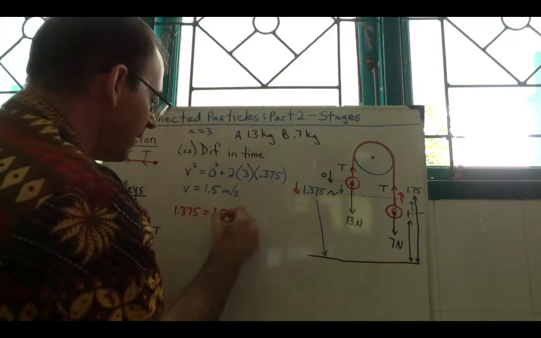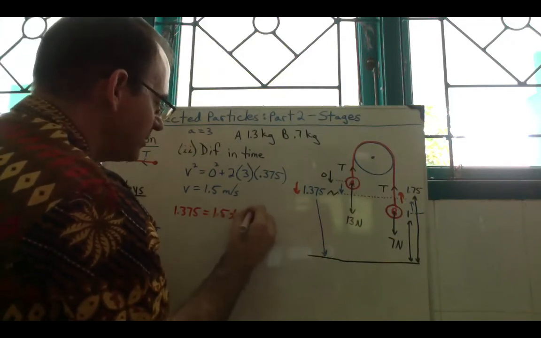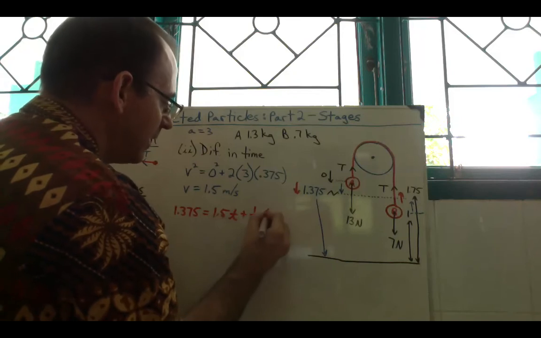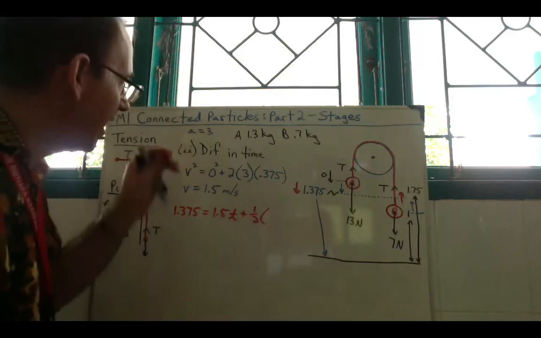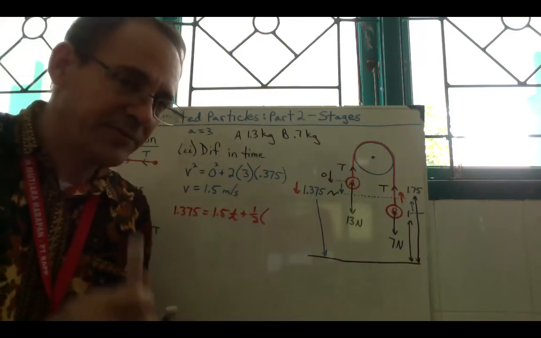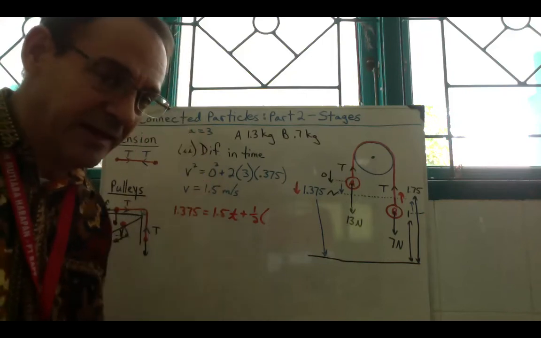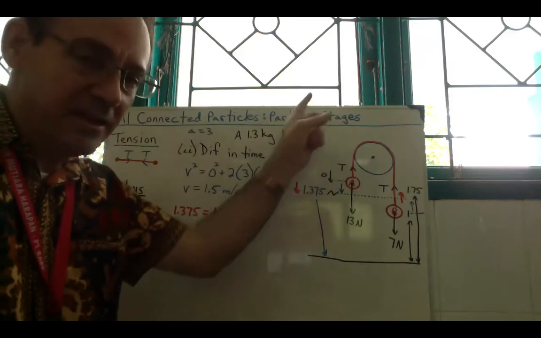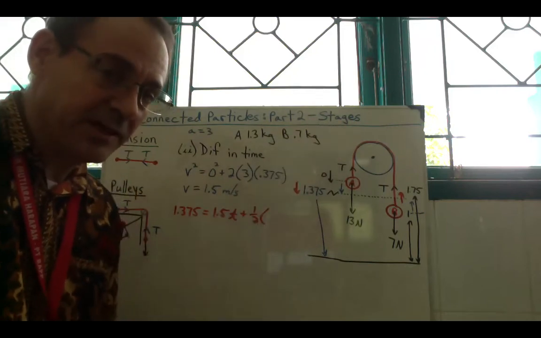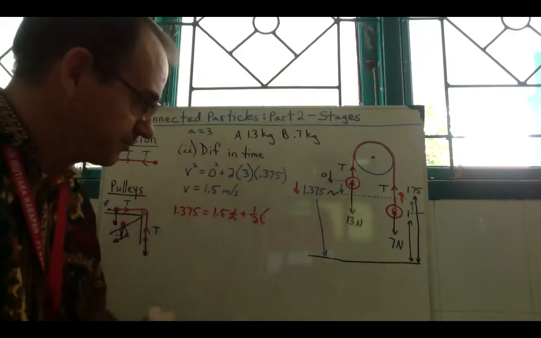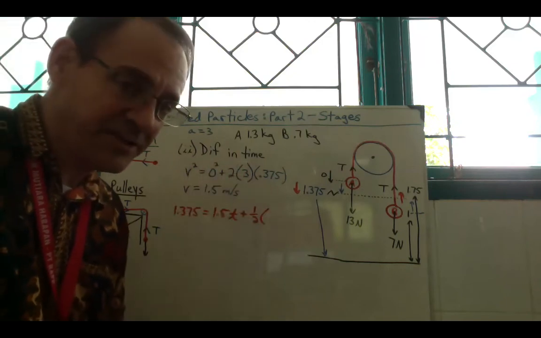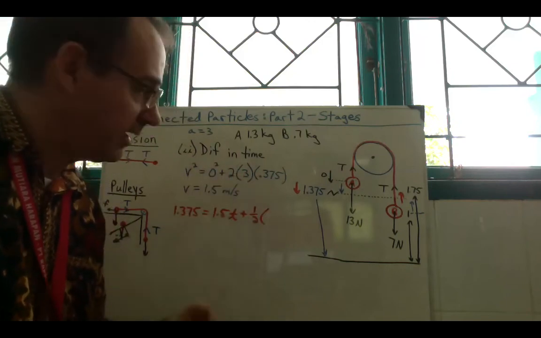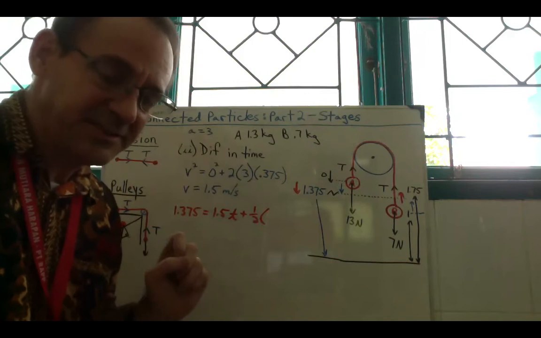So 1.5 t plus 1/2 a. Now a is not 3 anymore, so be very careful to rethink each one of your components in the different stage because the context has changed. Now that the string has broken, it is not bound to that system.